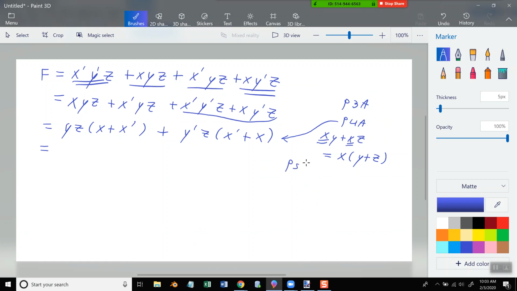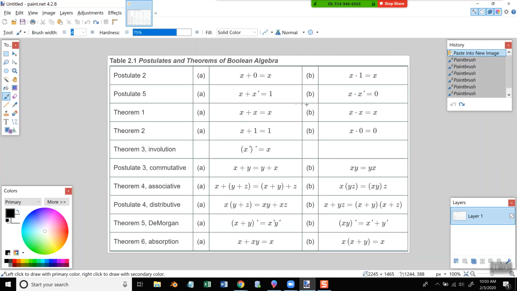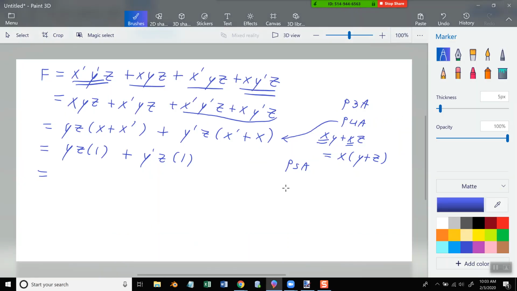So that's going to be yz times 1 plus y prime z times 1. Now, I think there's something that says that 1 can be dropped off. That's postulate 2b. So this becomes yz plus y prime z.